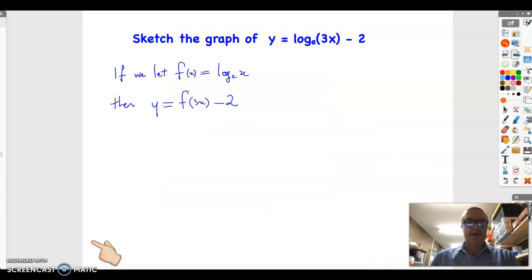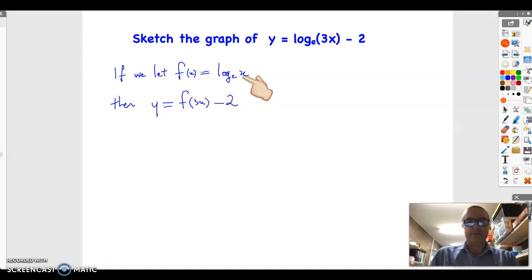So let's have a look at sketching the graph of y is equal to the log of 3x minus 2. Maybe to give you a kickstart here, let's use the base function f of x equals log x, because we've got a logarithm in our equation. That means we can write that equation as f of 3x minus 2.